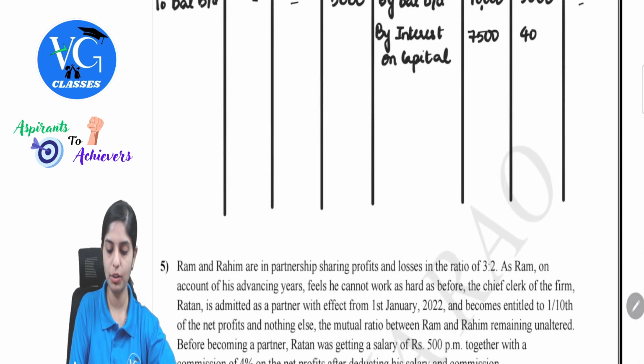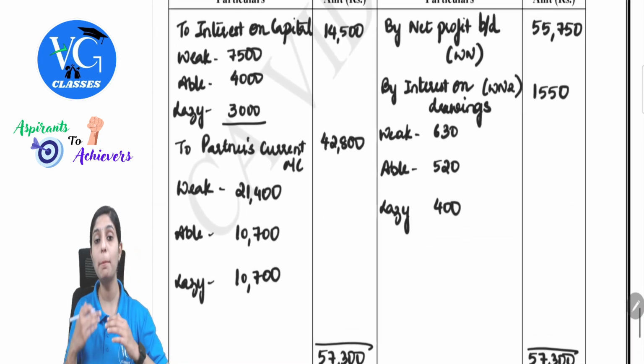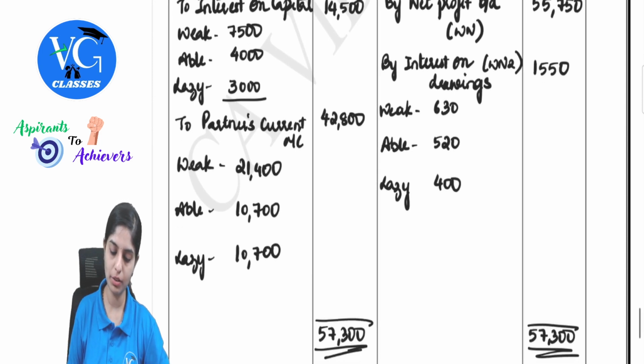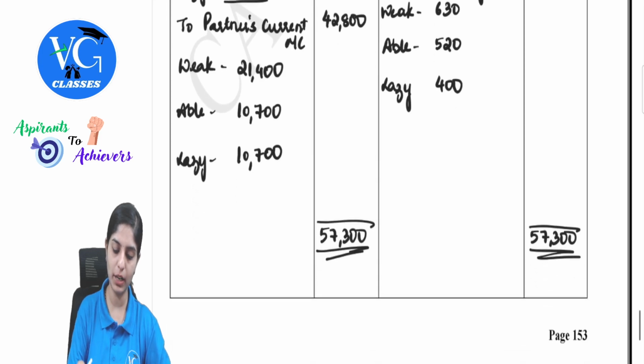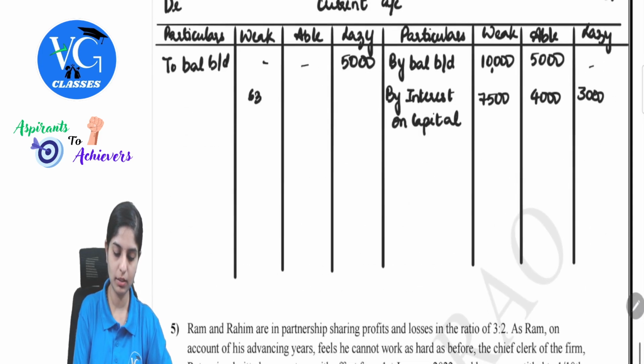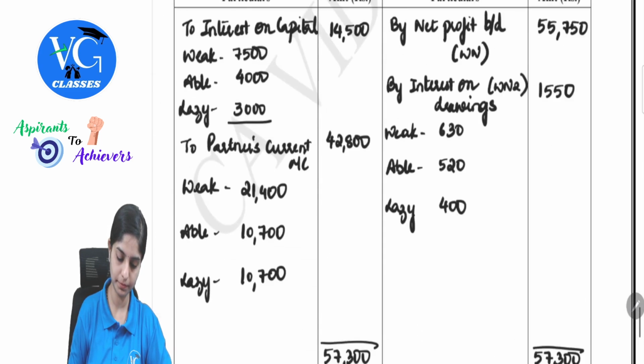Next, interest on drawings is an expense from the partner's point of view. So it comes on the debit side. To interest on drawings, 630, 520, 400. This is done.